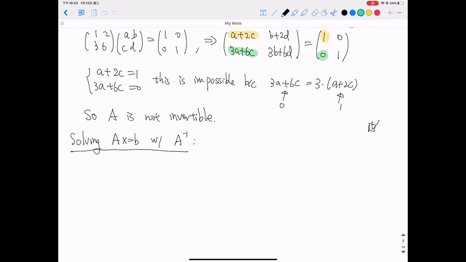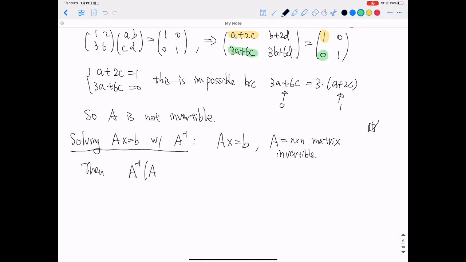So indeed, let's say you have a system AX equals B with A being an n by n invertible matrix. Then you can do the following.